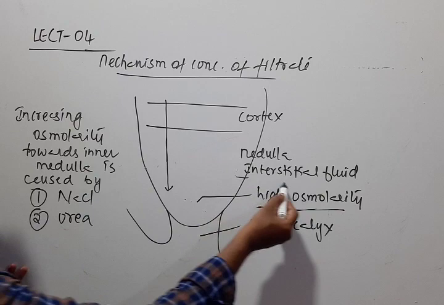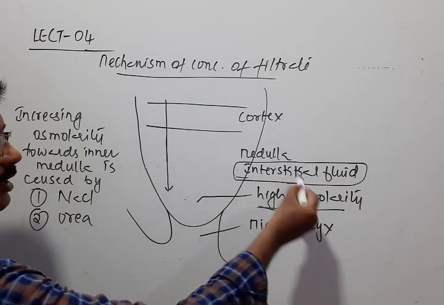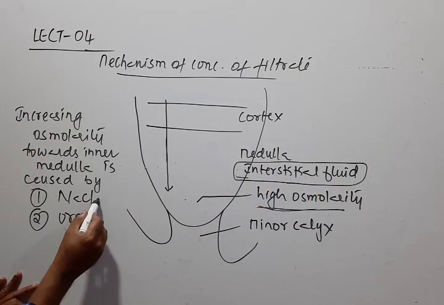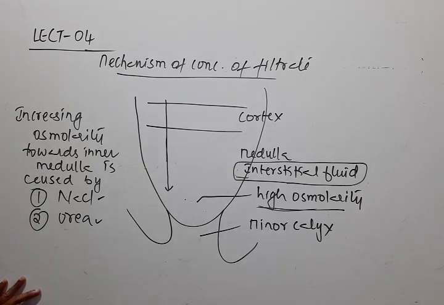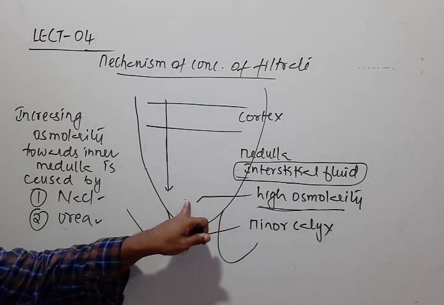So in the interstitial fluid you will find more quantity of sodium chloride and urea. This actually helps in concentrating the urine by absorbing more water from the tubules into the interstitial fluid.